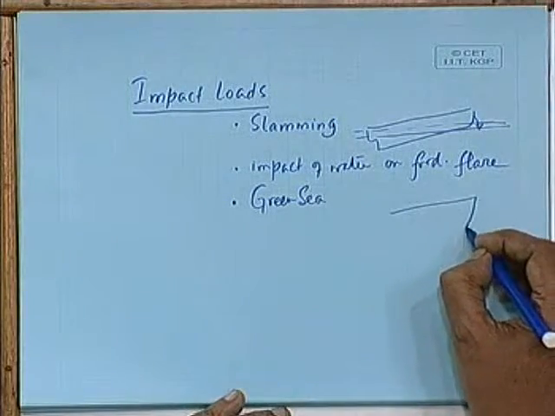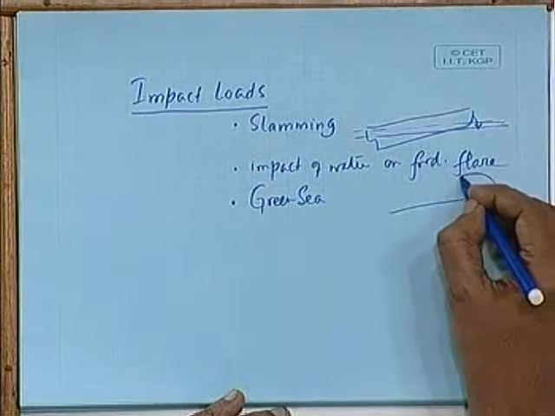Suppose you didn't have a flare, but you have large motions. Slamming is also not there, but the deck goes in water. Then the sea comes in. You understand? Green sea, does it lead to flare impact? Does it lead to impact? Imagine this ship's forward end. The wave comes like this.